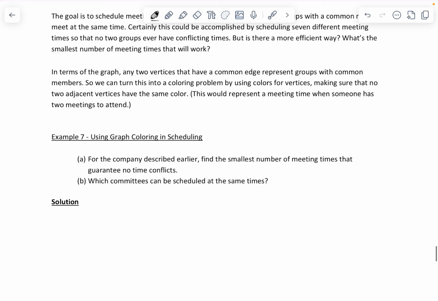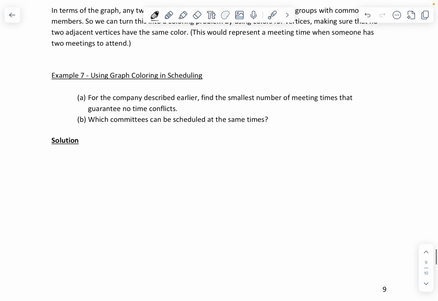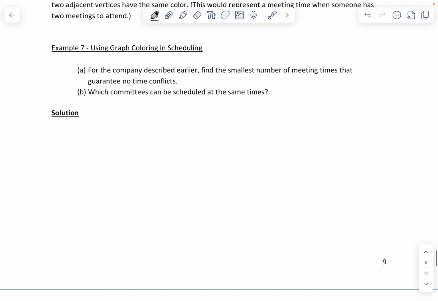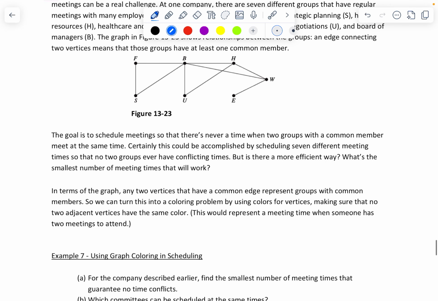Okay, so we're going to basically redraw the same graph, but we're going to color the vertices. So let's do this. We'll begin by coloring vertex F blue. Okay, so this is vertex F. That means that vertices B and S here cannot be blue because they're connected to F, right?